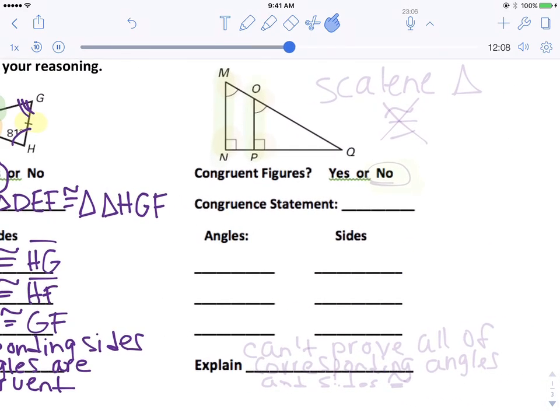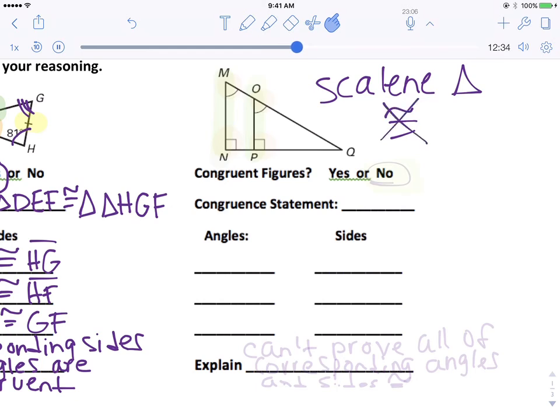Okay, in the next example, we are looking here, and the first thing I notice is that there's no congruent markings on my sides. So as soon as I see this figure, I'm like, okay, this triangle is a scalene triangle, which remember we said means that it doesn't have any congruence at all.